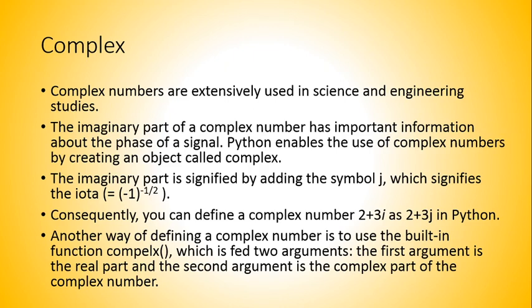I know you know what a complex number is, but still we have to go through this. j indicates the iota, that is, the square root of -1.